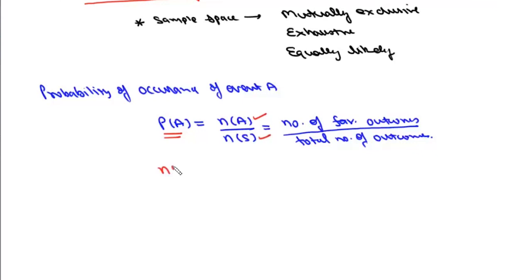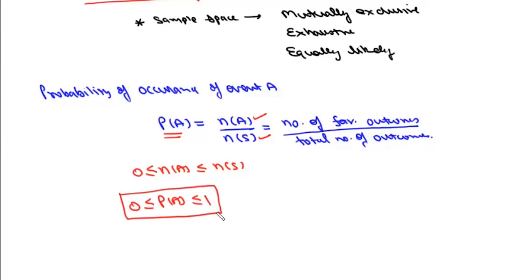And we know that clearly n(A) is greater than or equal to 0. It is always less than or equal to n(S). That means any probability will always lie between 0 and 1, including both 0 and 1. Now if the probability of any event is 0, it means there is no outcome which favors that particular event.